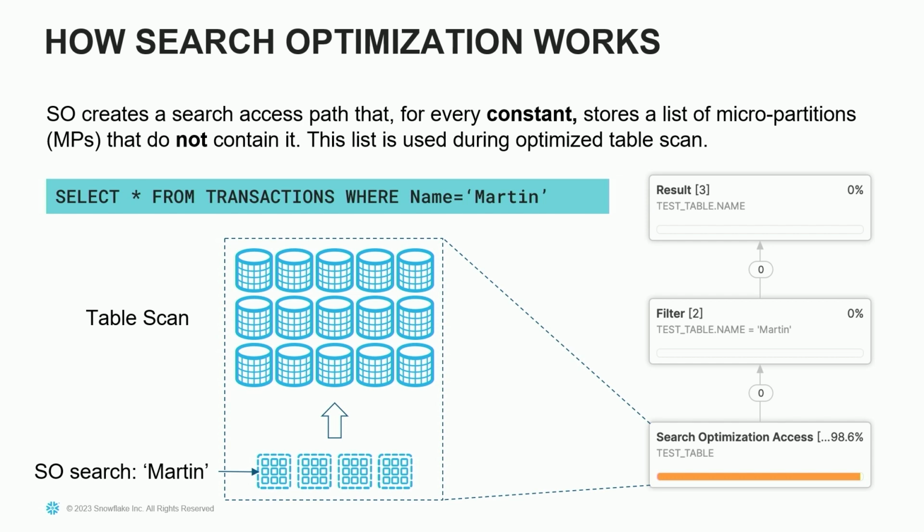Search optimization builds a data structure which contains this information for Martin. And using this extra information built by search optimization, you're able to eliminate more micropartitions and essentially just scan one micropartition in this use case. So this helps to reduce the runtime of your queries for several point lookup queries.